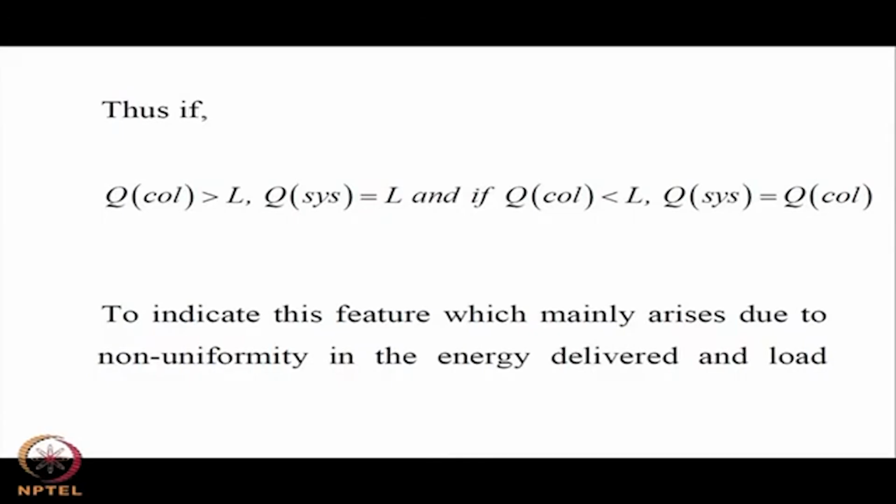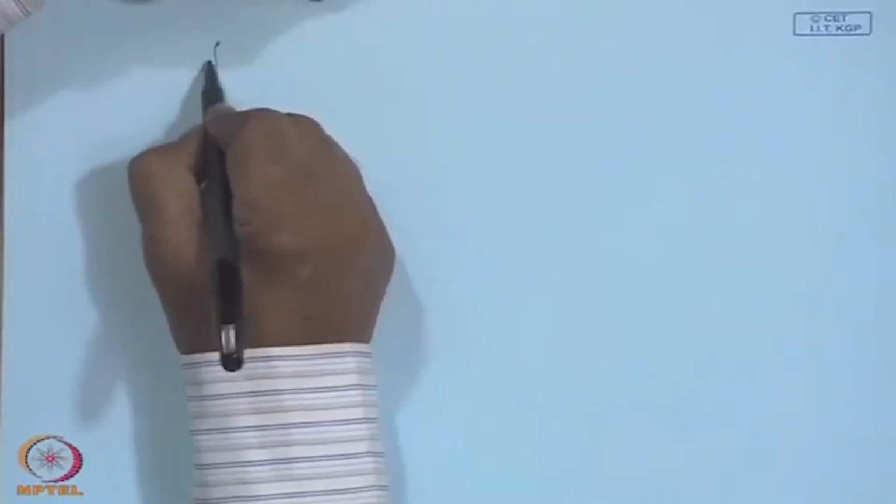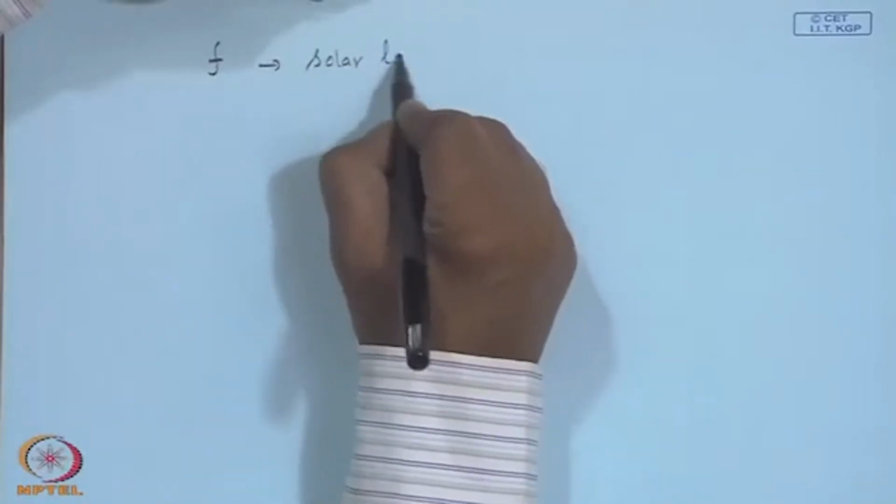This mainly arises due to non-uniformity in the energy delivered and load mismatch. So, efficiency, if you want to decide for a year, involves a calculation of weighted averages. Also, it is only that of the collector. Then I am not able to combine it with the utility of the solar energy system in so far as meeting the load is concerned. So, we will define F, the so called solar load fraction.